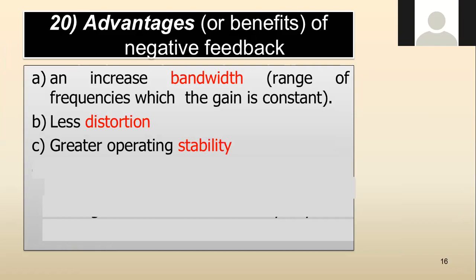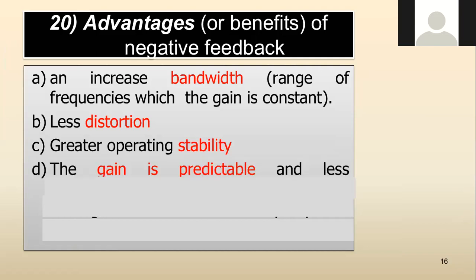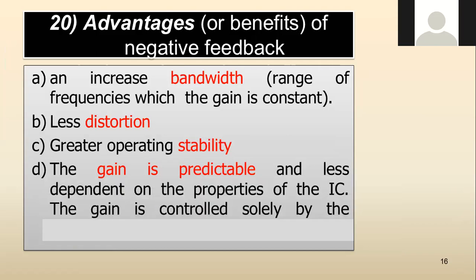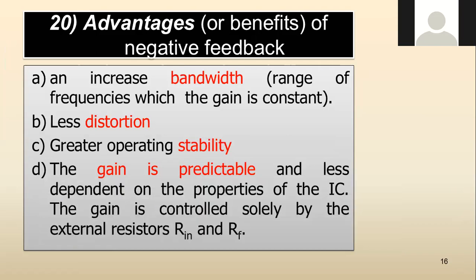It's determined by what we use outside. And the gain is predictable because it depends on the resistor that we use outside. We will look at that in a while. And it is less dependent on properties of the IC. So the gain is controlled by the external resistor that we use.